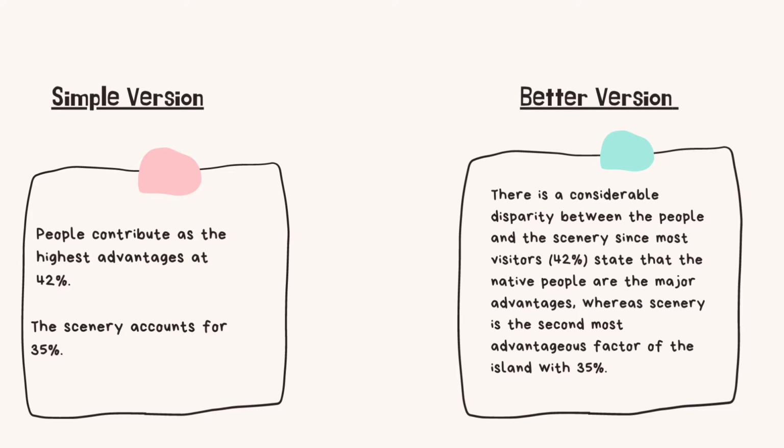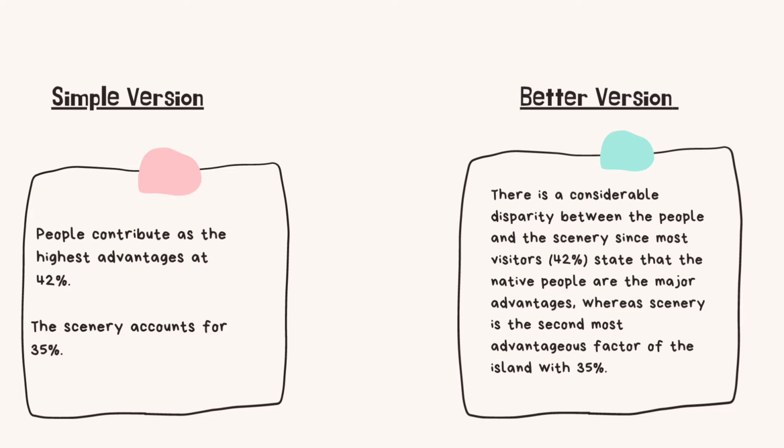Culture is claimed as one of the advantages by 12% of visitors. Okay, now I'd like to formulate a sentence based on the data that you can see on the presentation. And there you go.